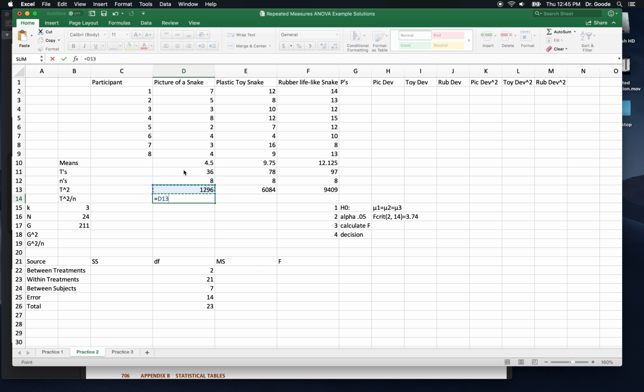And we'll divide those squares by little n.